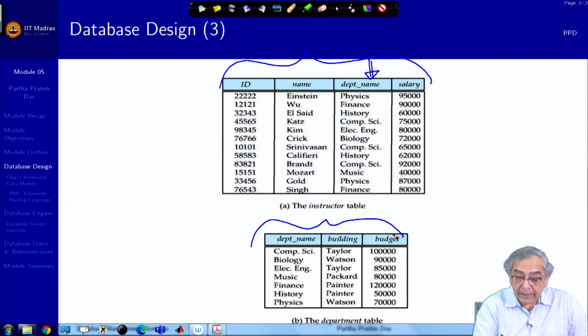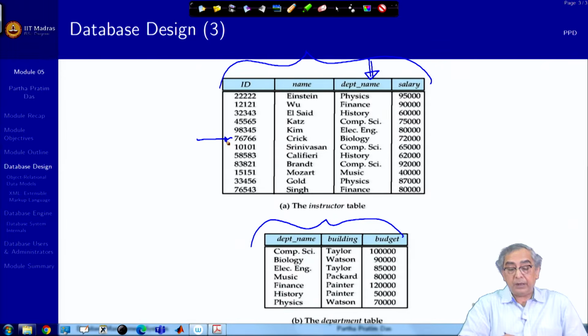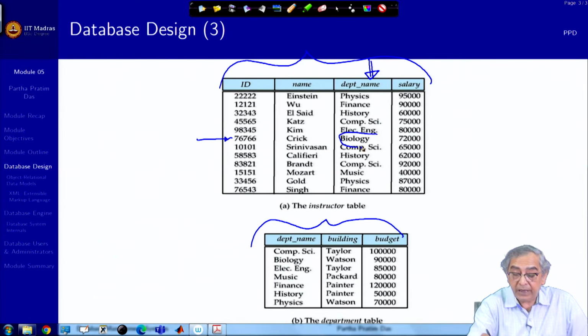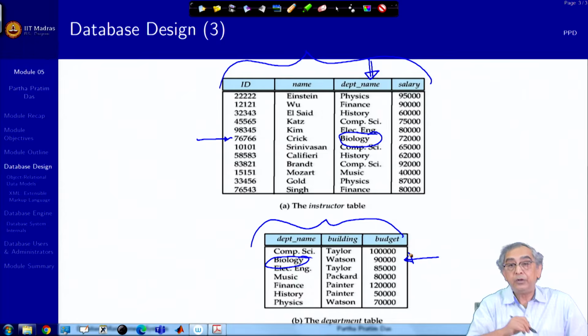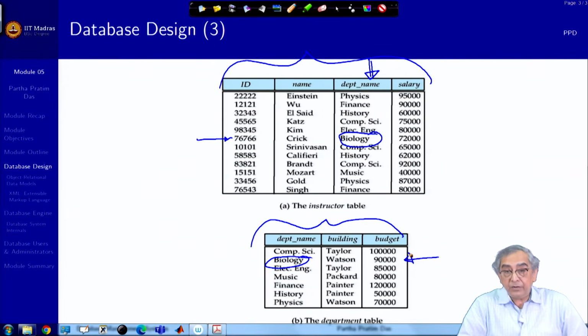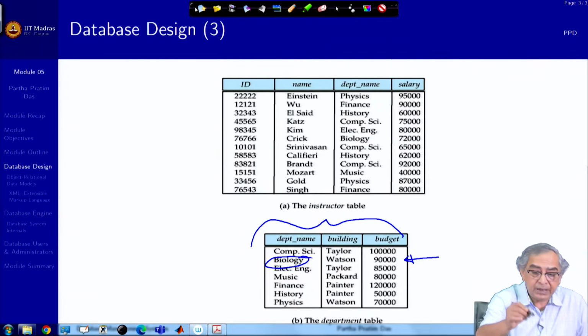But so, if I want to know, say for Professor Crick, what is the budget of his department, I can always look up this is biology, go to this table, look for biology, and I will know the budget is 90,000. The redundancy is gone, so is the chances of anomaly at the time of insertion, deletion or update. Right? So, this is a basic principle.